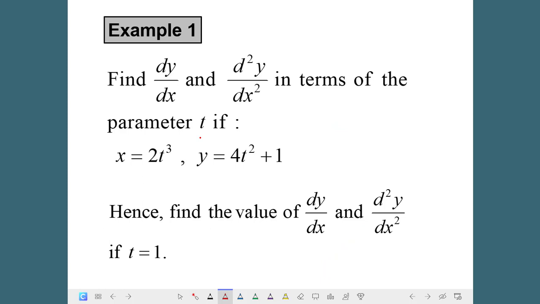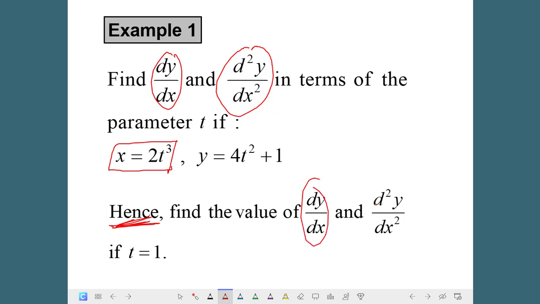Example 1. Find dy/dx and d²y/dx² in terms of the parameter t, given x is equal to 2t cubed and y equals 4t squared plus 1. Hence, find the value of dy/dx and d²y/dx² if t is equal to 1.